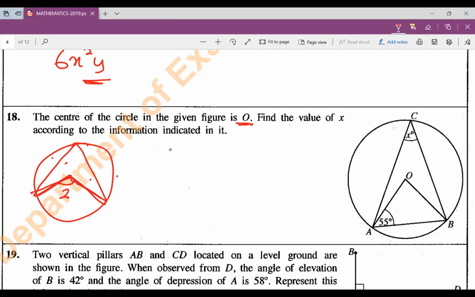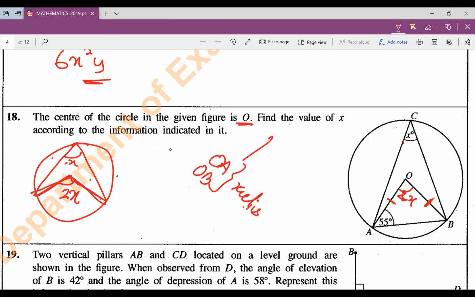So the angle subtended at the center is 2x, and the angle subtended at the circumference will be x. So according to this, this is x, this is going to be 2x. And then if this is 55, you know these two are both radius. OA and OB are radius, so both are equal.